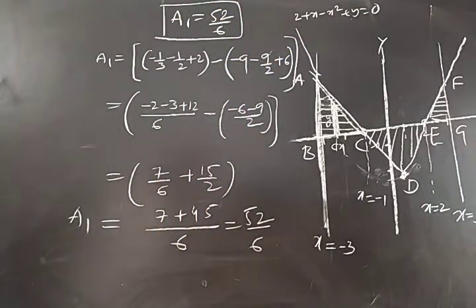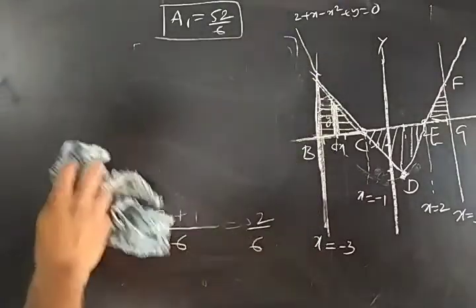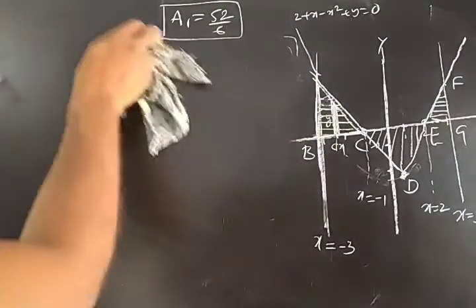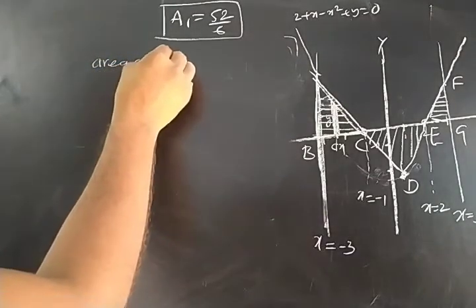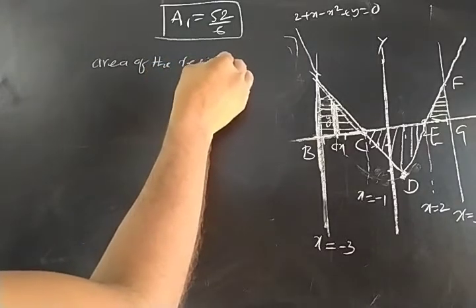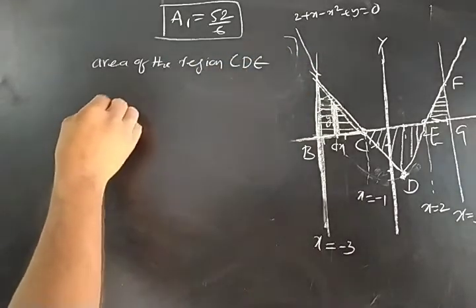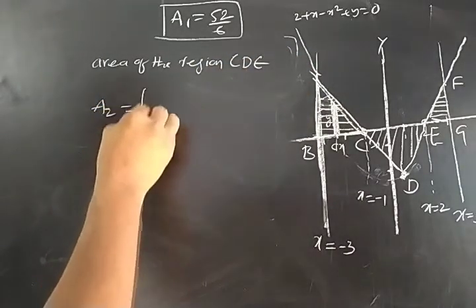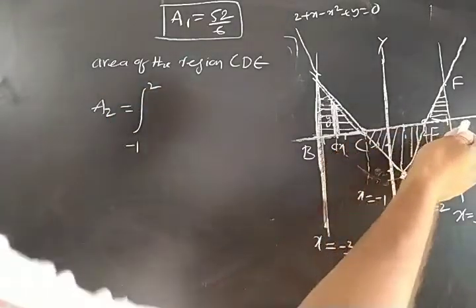Now I am going to find the second area, which is bounded by the parabola and the x-axis, CDE. Now the area of the region CDE, which I am denoting by A2, has limits of -1 to 2.